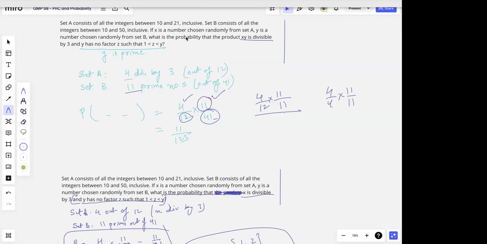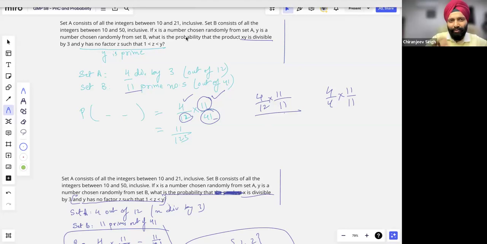Because there will be more cases, since x into y is divisible by 3. If x is divisible, y could be anything. But you have to make sure Y is prime.